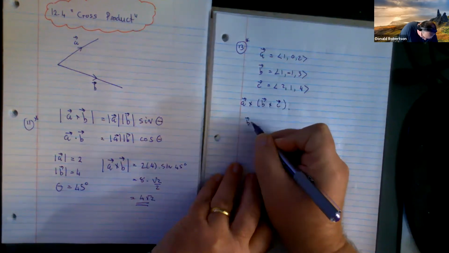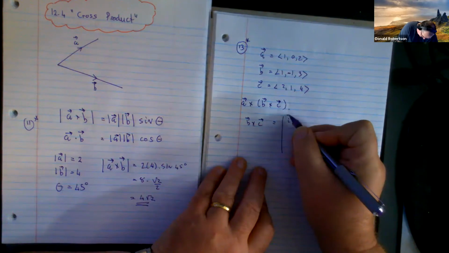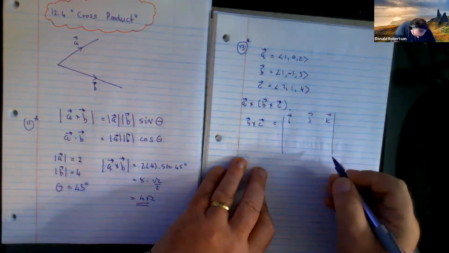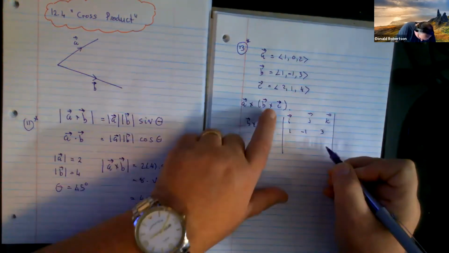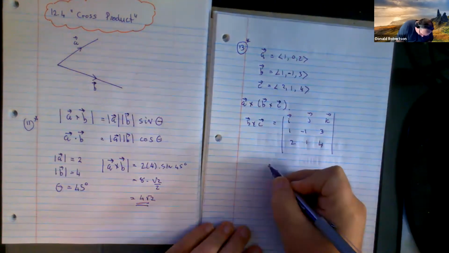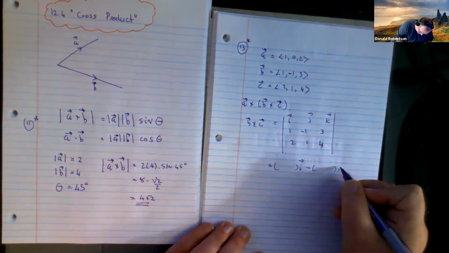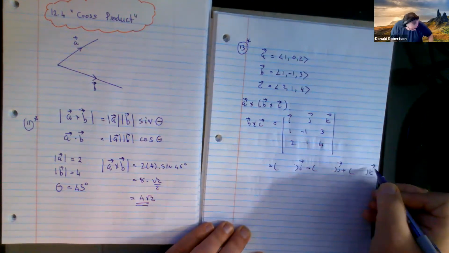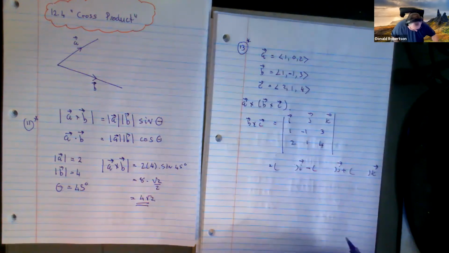So I'm going to do the cross product of B and C. So that's going to be i, j, and k. And the vector B is 1, negative 1, 3. And the vector C is 2, 1, 4. And that's going to be so many i's take away so many j's, plus so many k's.